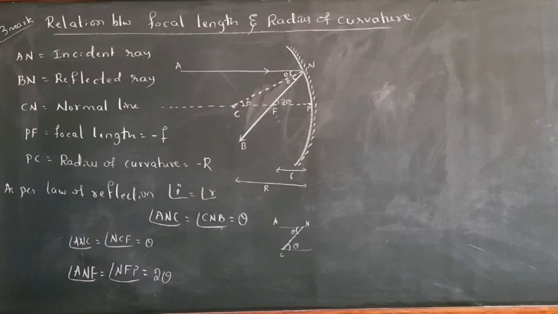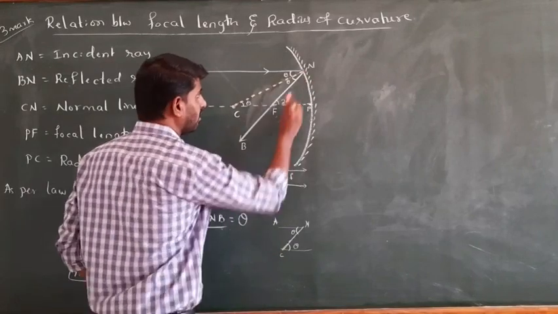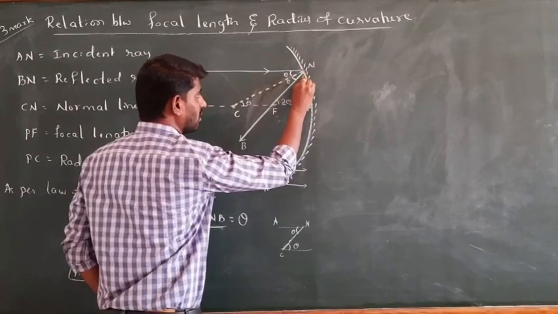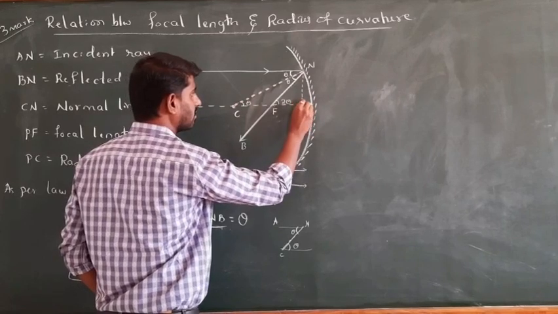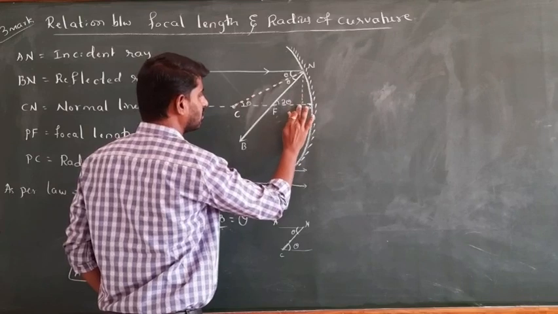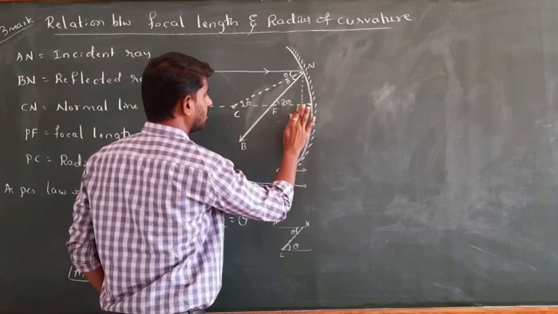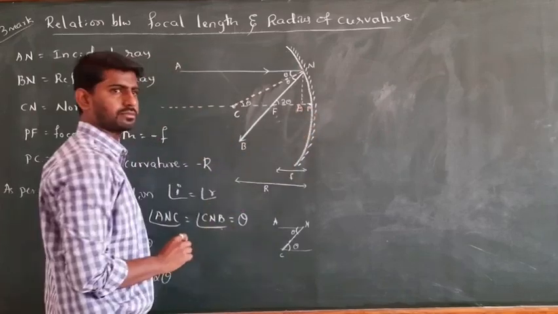Is it clear? Okay, so then I will draw one more line here. I will draw a perpendicular line from the point of incidence to the principal axis. It meets somewhere here, and I call this point D. This is pole P.